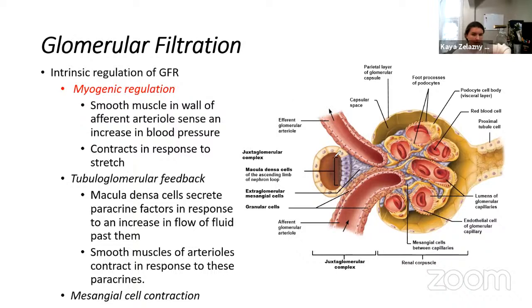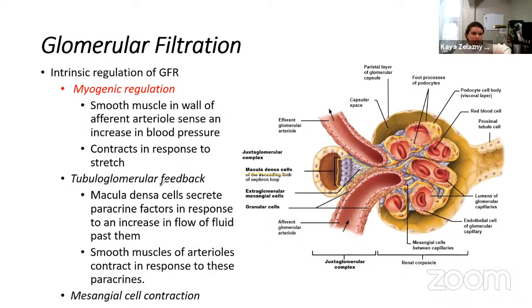This part of the nephron is where we have these specialized macula densa cells. We talked about the juxtaglomerular complex before. The macula densa cells are part of this terminal portion of the nephron. They're in purple here.